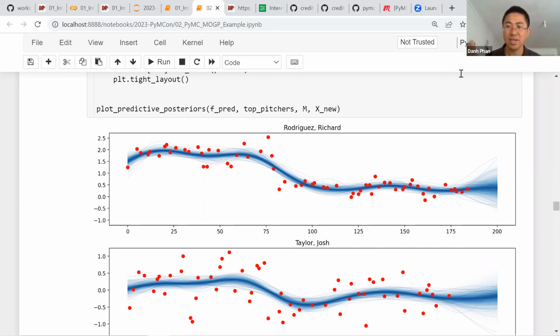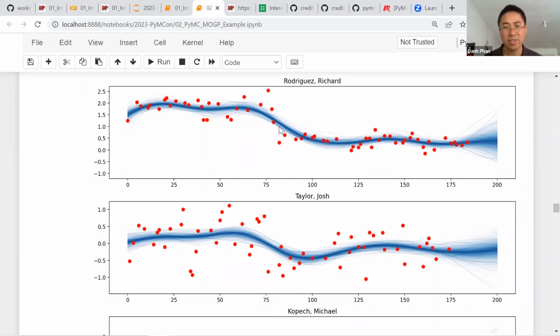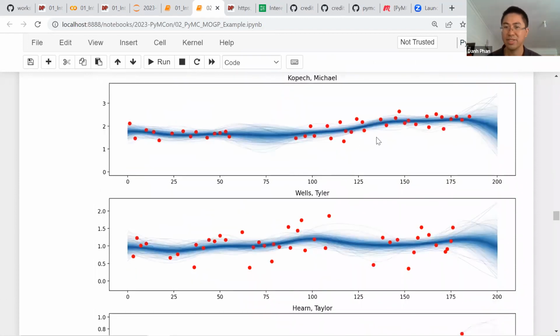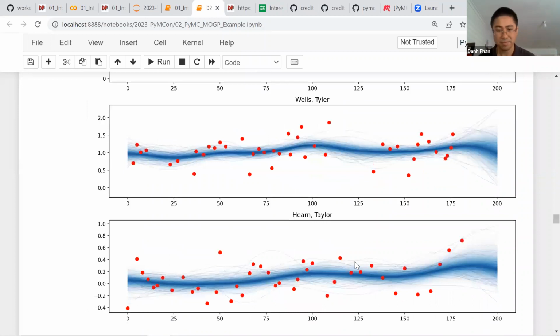But after they canceled that policy, they didn't want people to do that. You can see that for some players, the average spin rate is significantly reduced, like this one and this one, while for other people it seems to increase and is still all right, right?